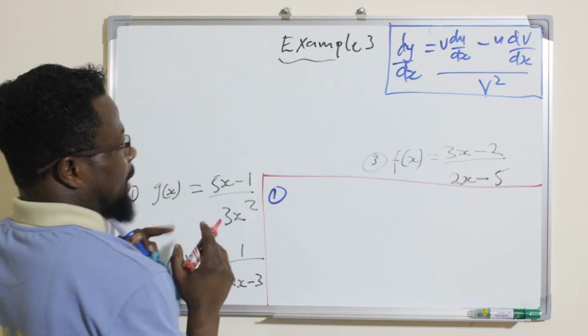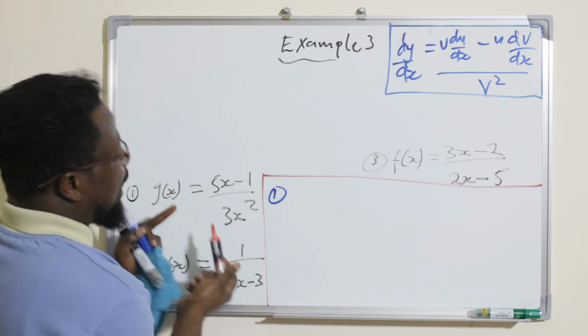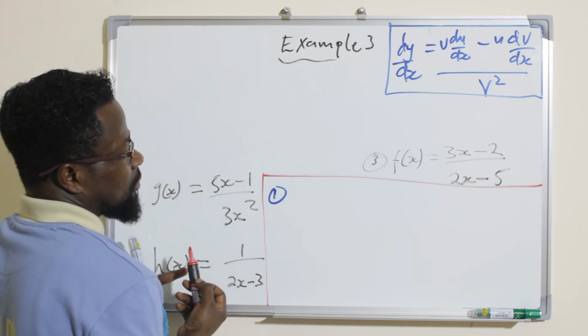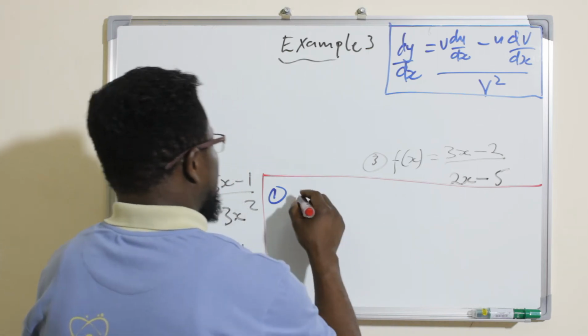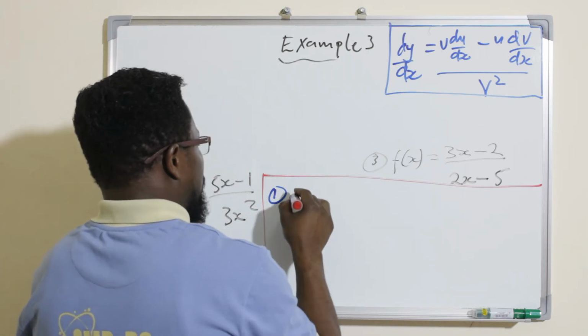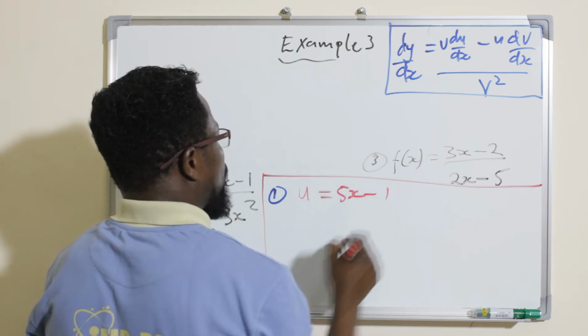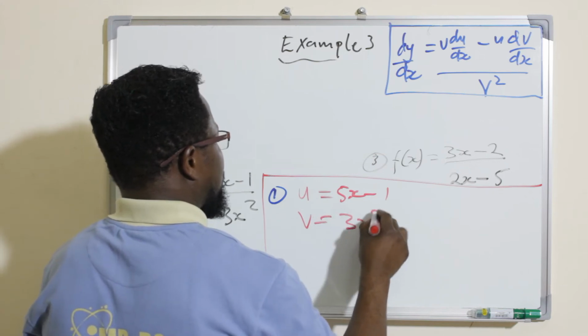Okay, so look at it. V is the denominator and u is the numerator. So let's go ahead. My u is now 5x minus 1 and the v is now 3x squared.